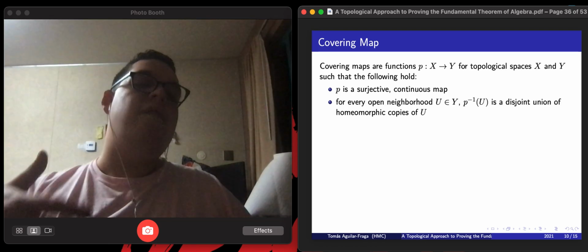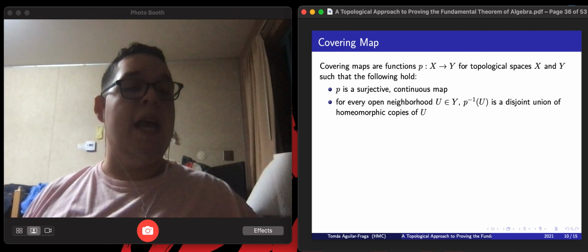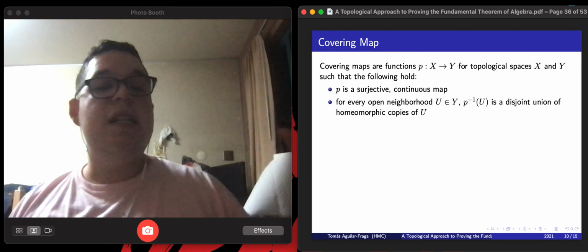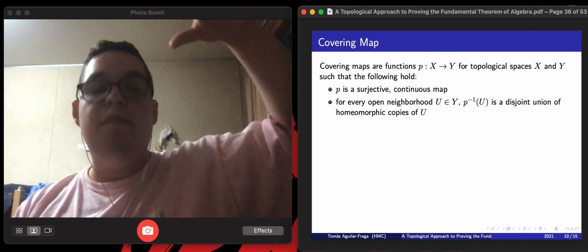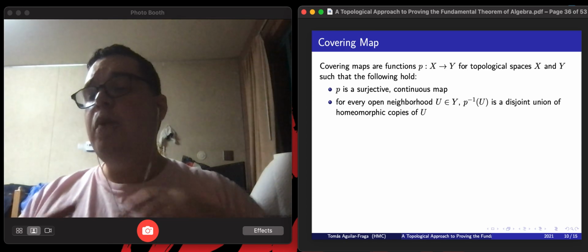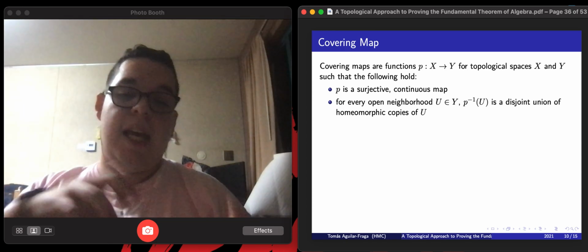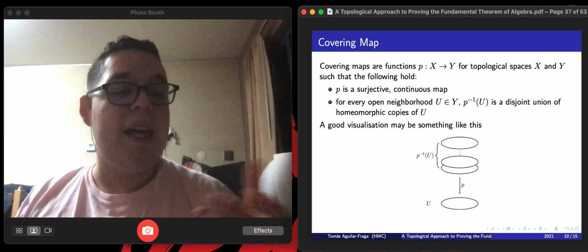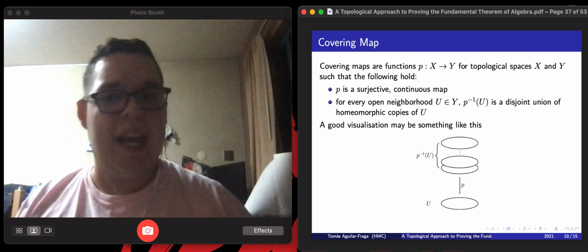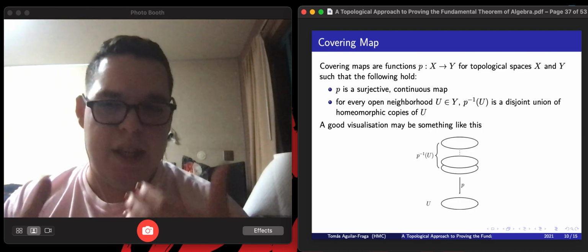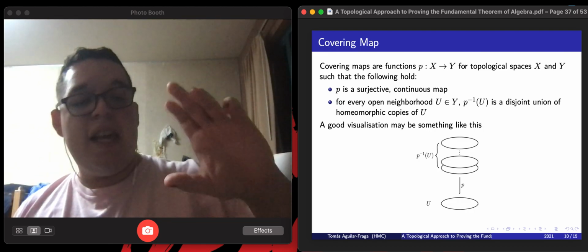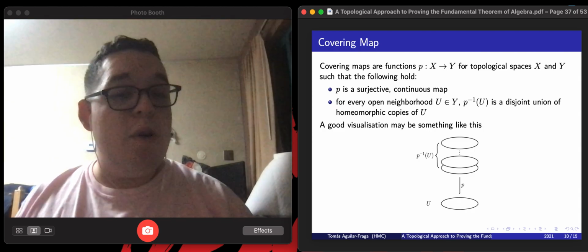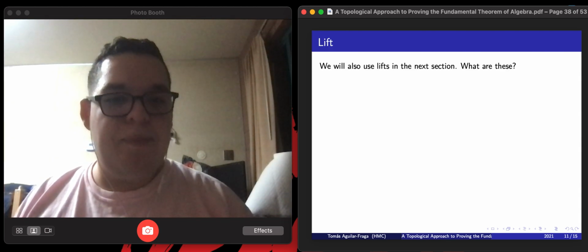And secondly, for every open neighborhood U in the place it's going, the pre-image of that is a disjoint union of homeomorphic copies of U. Homeomorphic just means it's continuous and its inverse is continuous. A good visualization may look something like this, like a kind of stack of pancakes type idea. You see you have this U at the bottom, and then its pre-image is a bunch of different copies of it that are homeomorphic, and this is a surjective map.